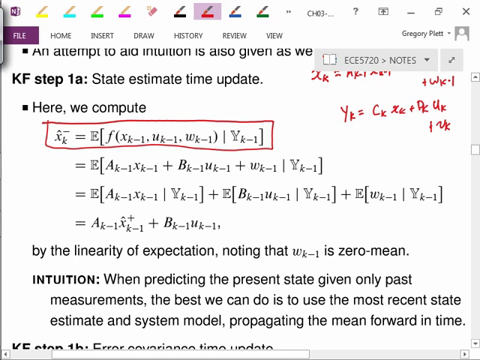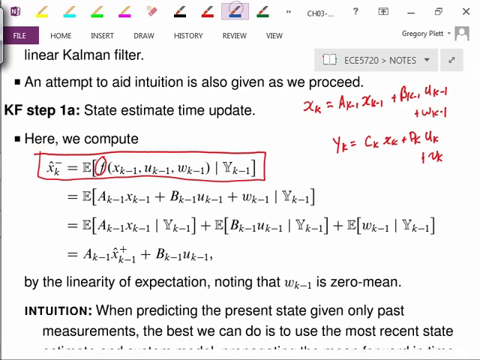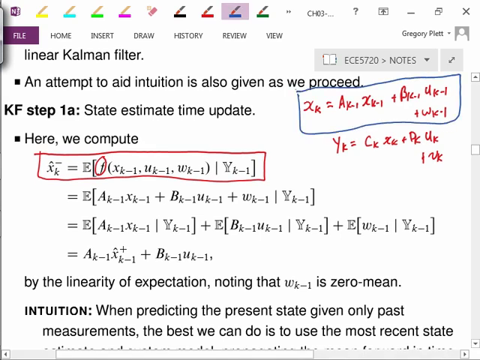We compute a prediction of the present state given the state equation and all previous measured outputs. So F, remember, here is the state equation of the model, and we have just rewritten up here the state equation of the model when we have a linear model.